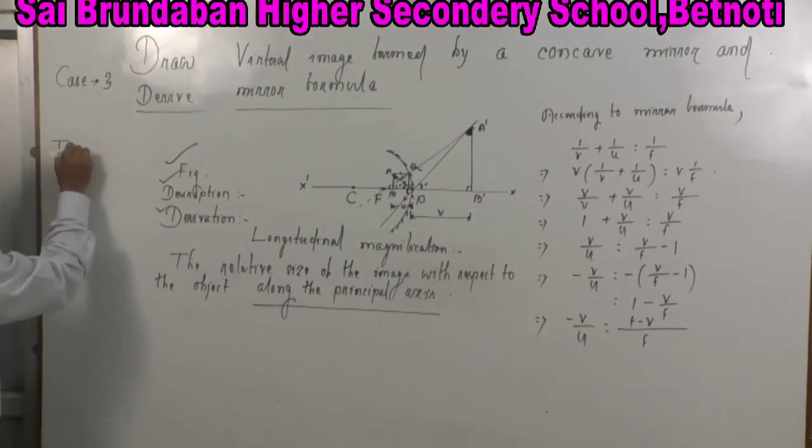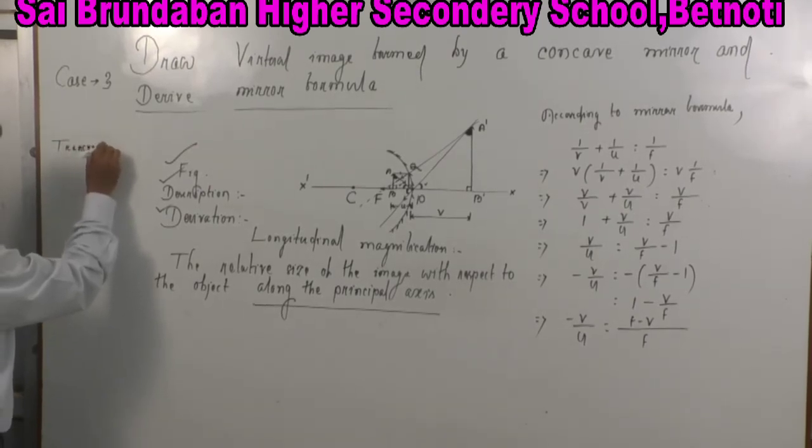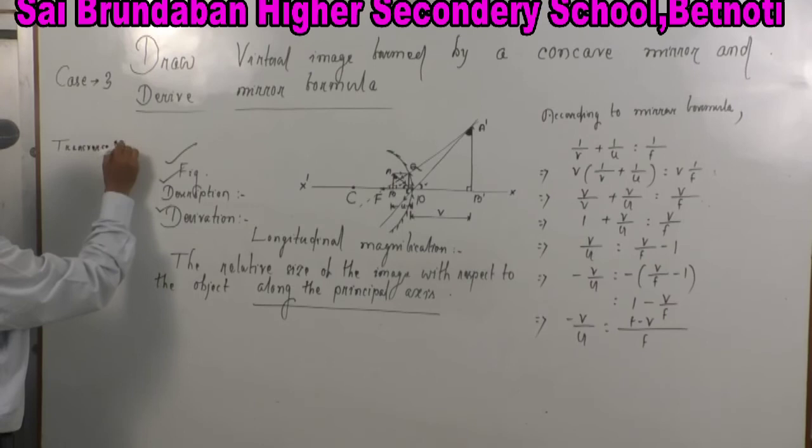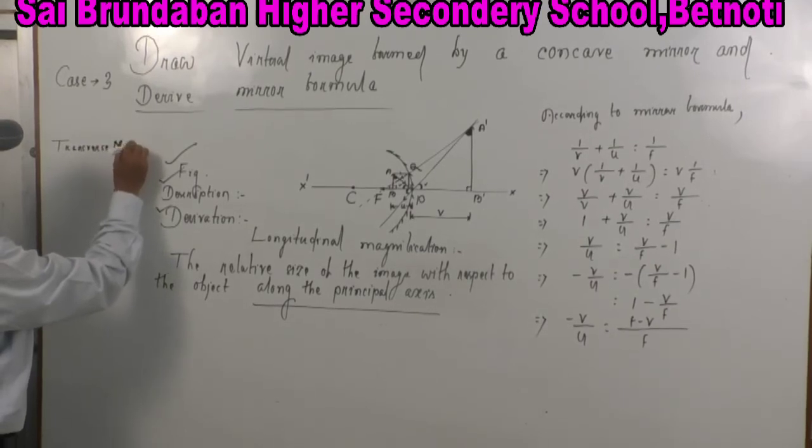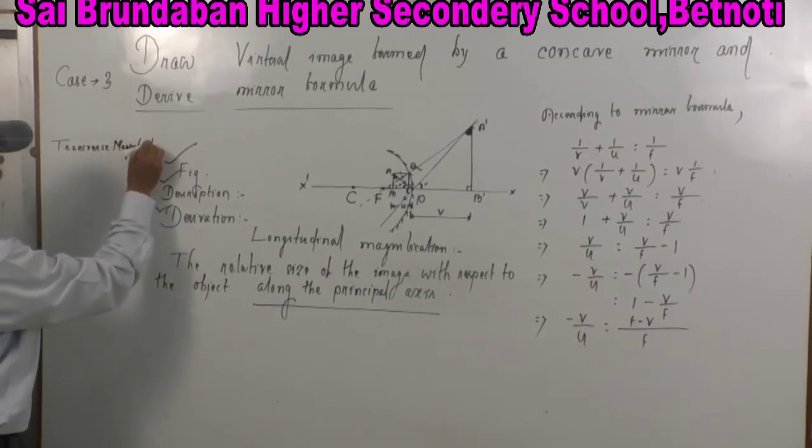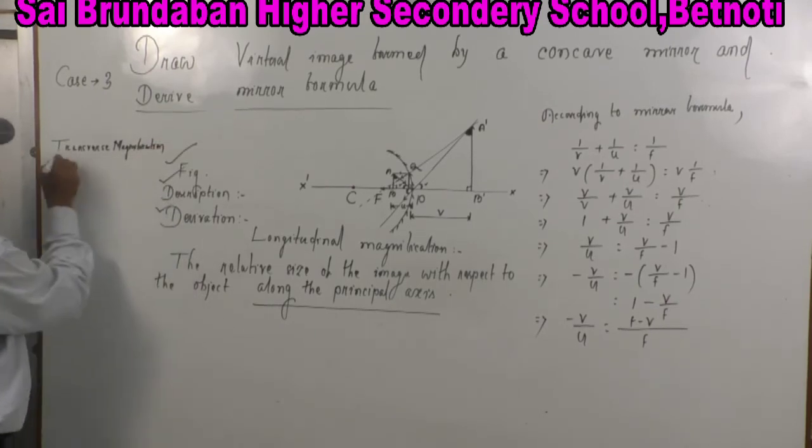transverse magnification is also called linear magnification.